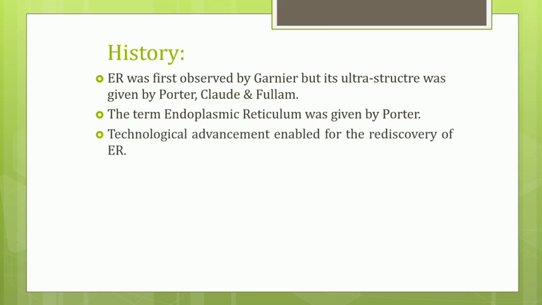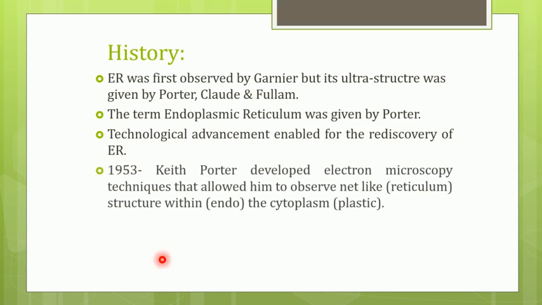Earlier there was only the simple microscope, but once the electron microscope was discovered, we could have the detailed structure of the endoplasmic reticulum. In the year 1953, Porter developed an electron microscopy technique that allowed us to observe this net-like structure in the cytoplasm, which we call endoplasmic reticulum.